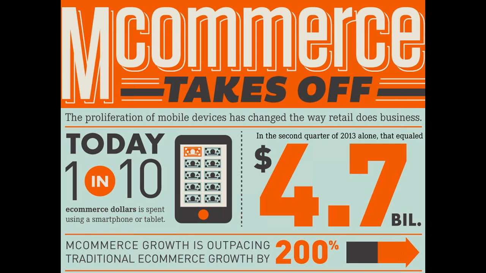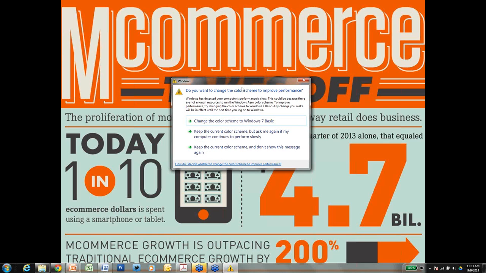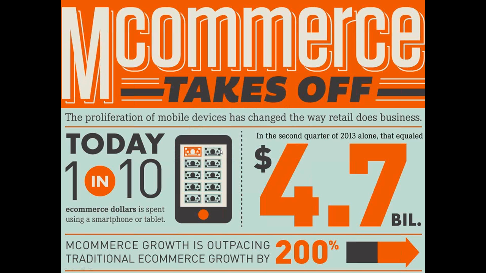So the mobile commerce market, the e-commerce market that includes mobile devices, is often referred to as mCommerce, and it's a very hot area of the market. It's suggested that today more than 10% of e-commerce transactions are taking place through mobile devices, tablets and smartphones and so forth.